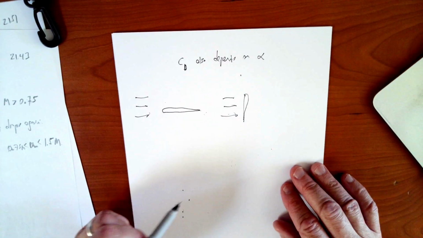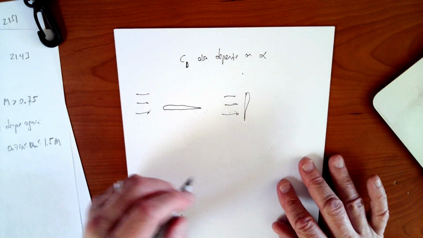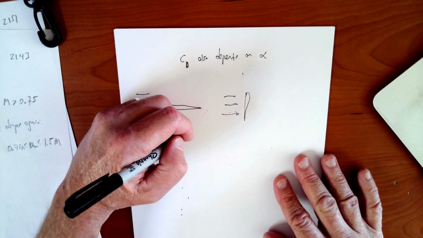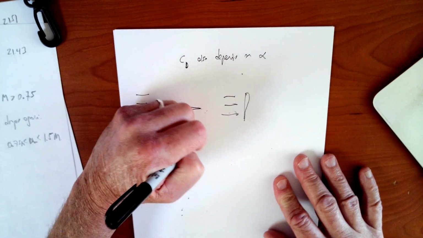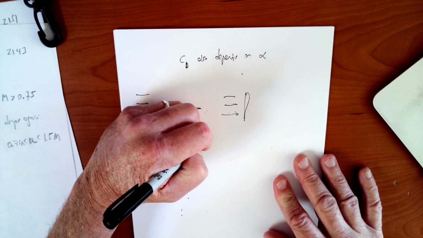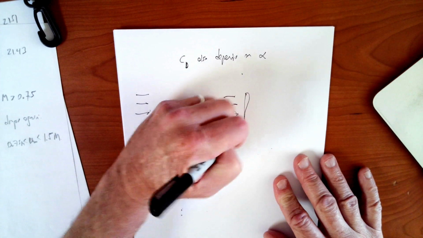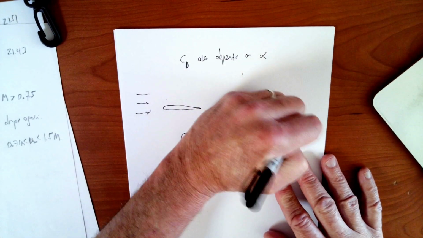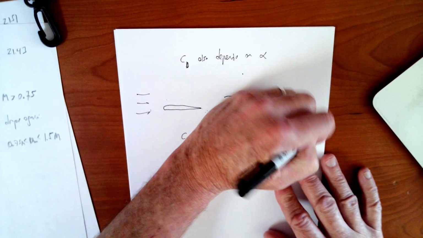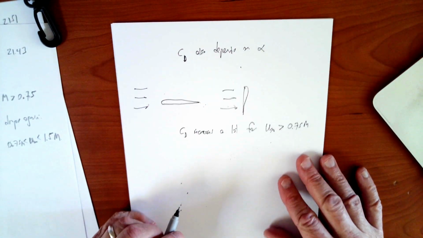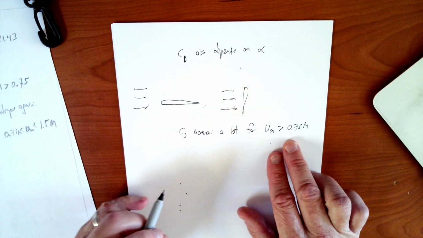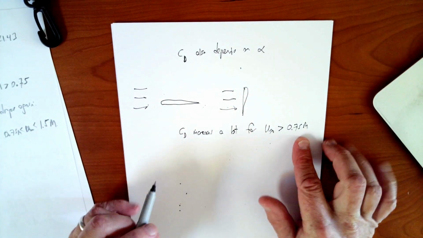But it's also true that CD increases a lot if it gets above Mach 0.5. So CD increases a lot for U infinity greater than 0.75 Mach number. And it turns out that it goes higher and higher very rapidly as the Mach number gets up close to Mach 1.